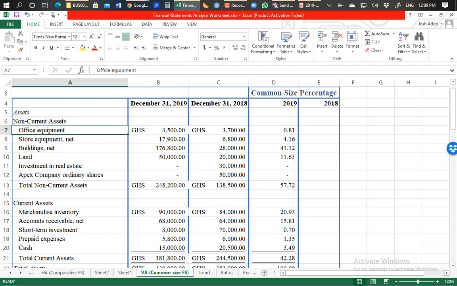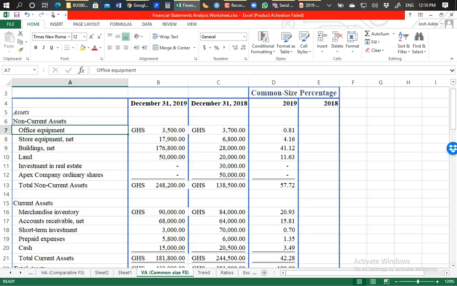All of these things, we have to see the percentage of them as some value. This is what I mean. We may want to see office equipment expressed as a percentage of our total assets, because it is part of total assets.